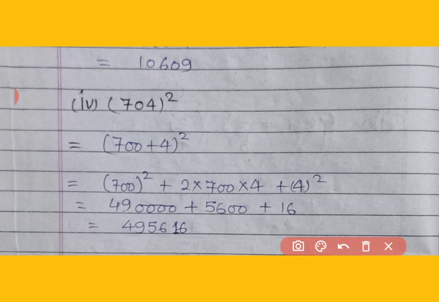Next it has given 704 square. So 704 can be written in the form of (700 plus 4) whole square. So 700 will be a and 4 becomes b. So 700 square, 4 square, and 2 multiplied with a multiplied with b means 2 multiplied with 700 multiplied with 4.